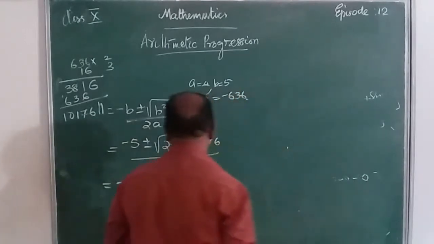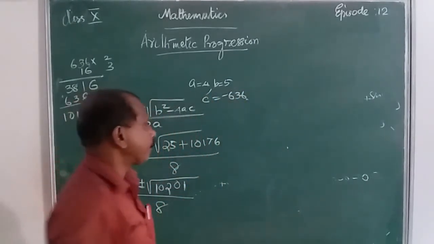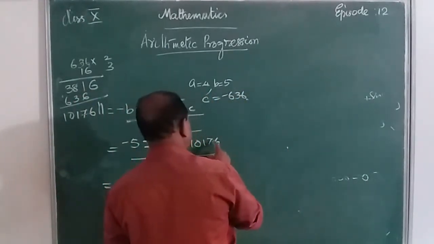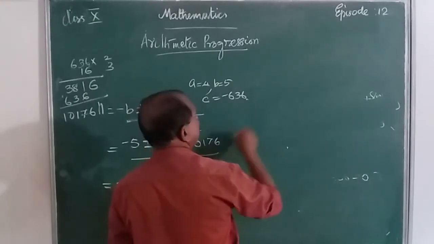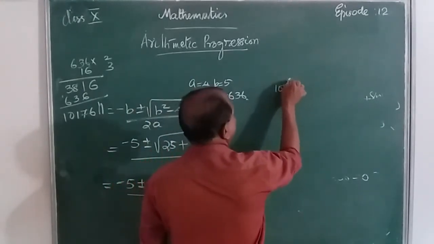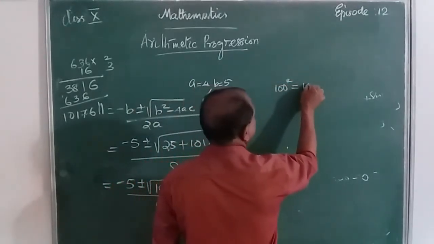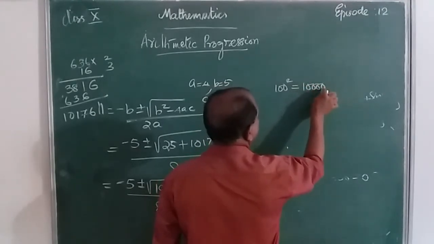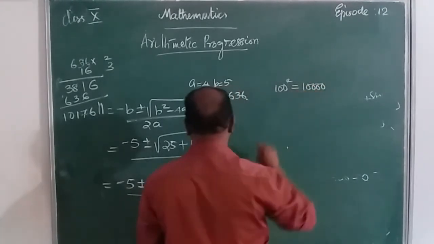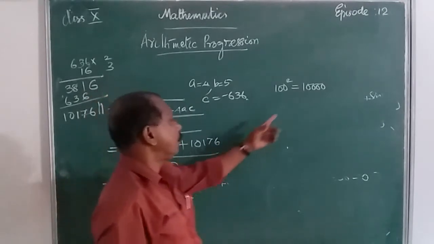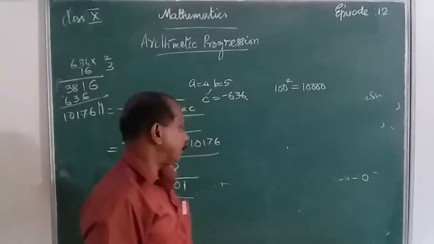Then we can find out the square root of this one. 100 square is equal to what? 100 square is 10,000.